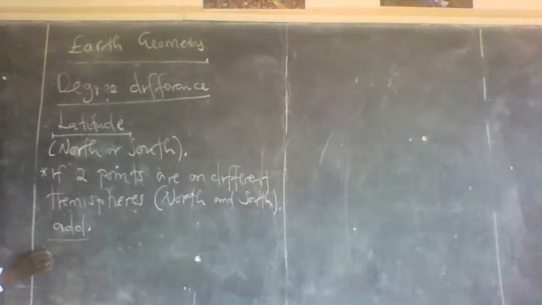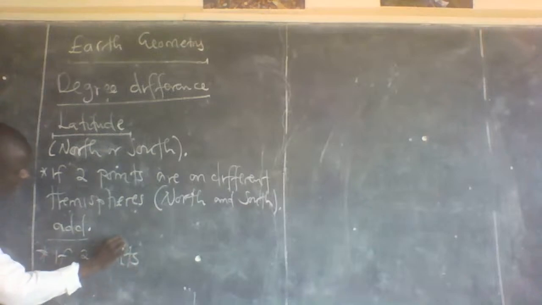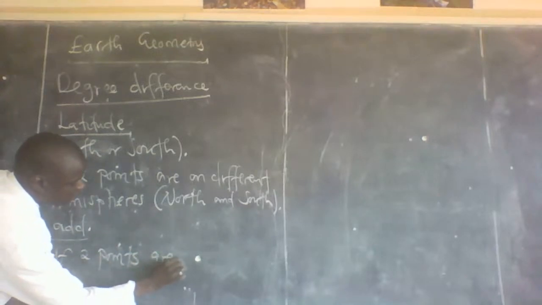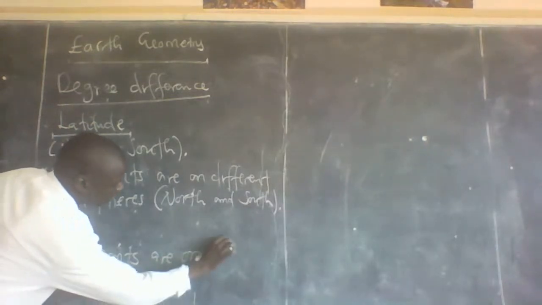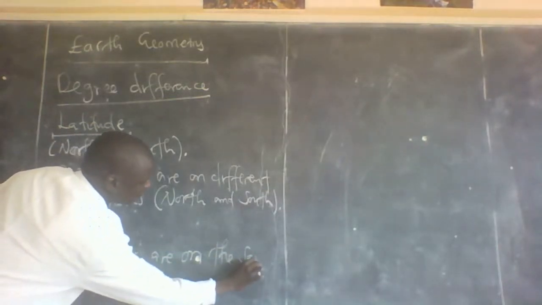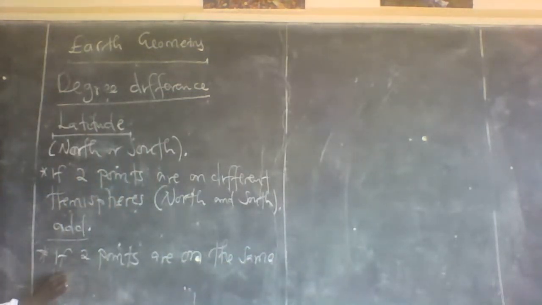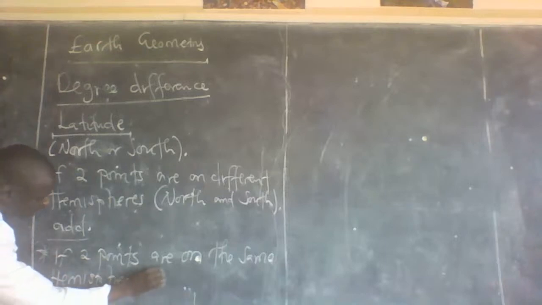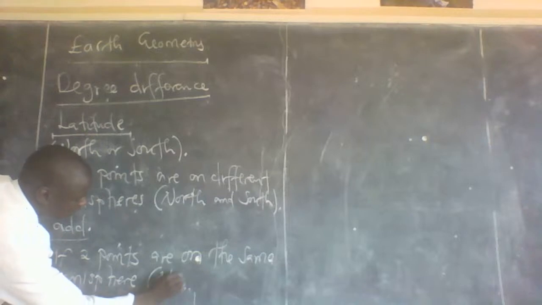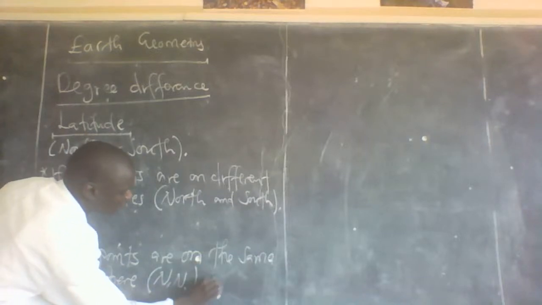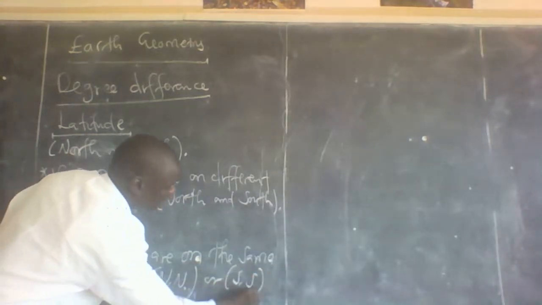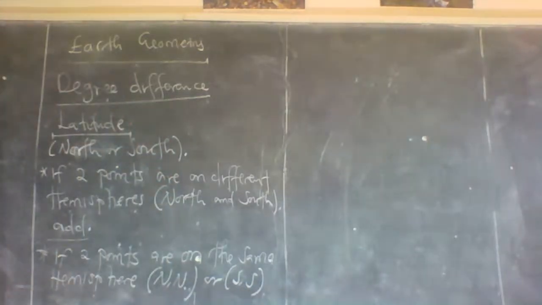Then the other point is that if 2 points are on the same hemisphere, here it can be one north, another one north, or one south and the other one south.